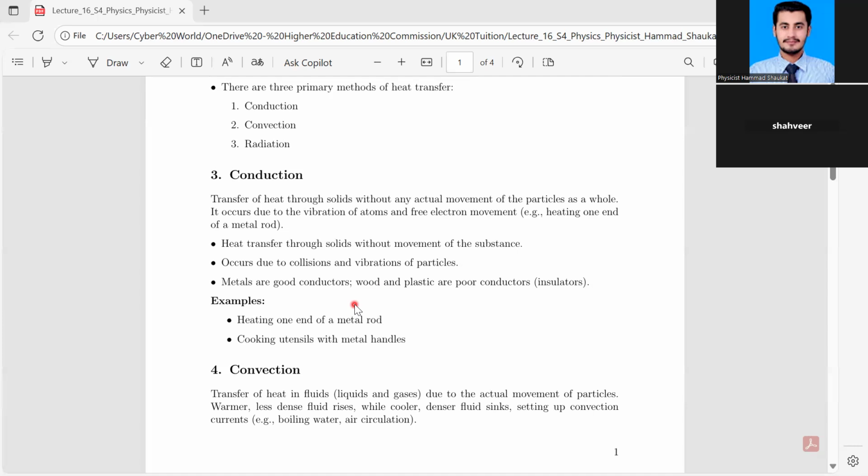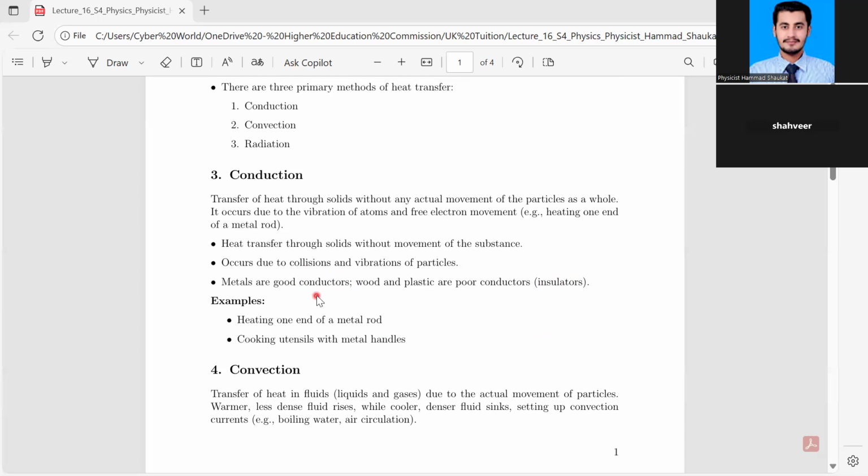Everything in the universe consists of electrons, but some materials have fixed electrons in their outermost shell. Those types of materials are known as insulators. They have no extra electrons. But in the case of conductors, they have electrons, and they also have extra electrons. Those extra electrons are called free electrons.